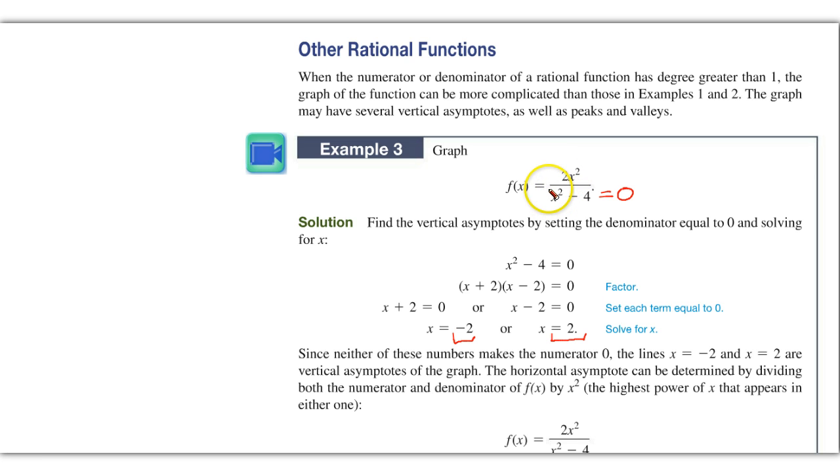Here there's a 2, there's a 1, and if we use that formula, c over a, where this is our c and this is our a, then we get 2/1, which will become a 2. So our horizontal asymptote will be 2. So we found out a number of things about our graph.